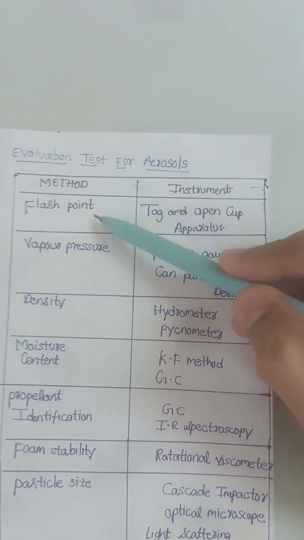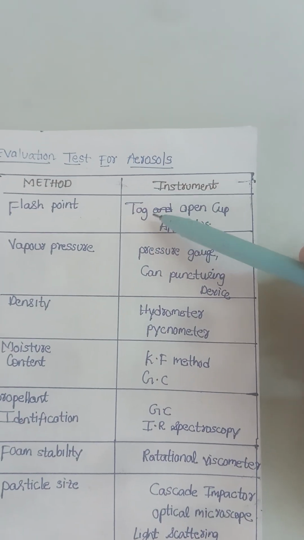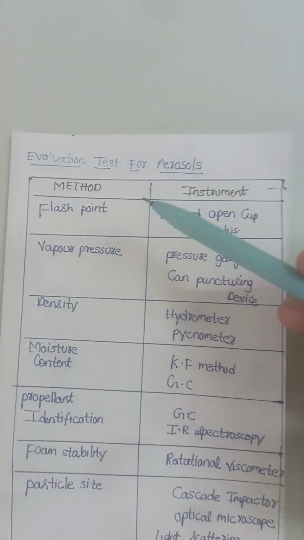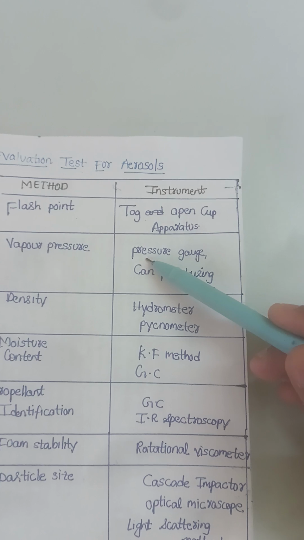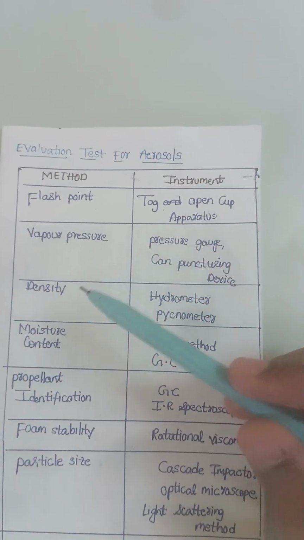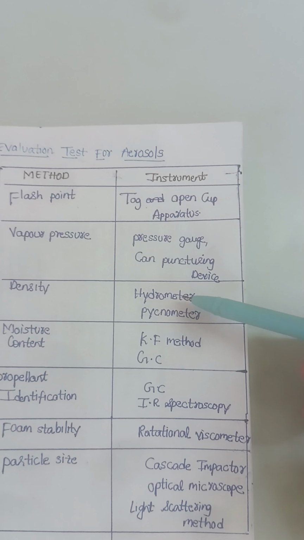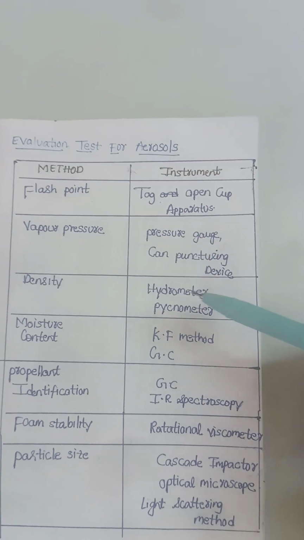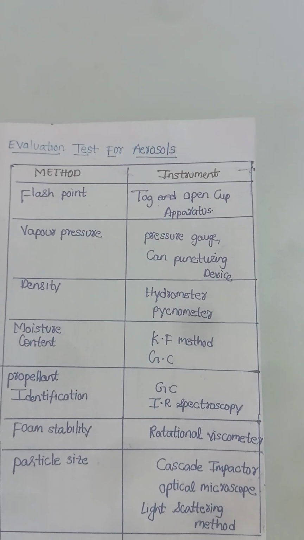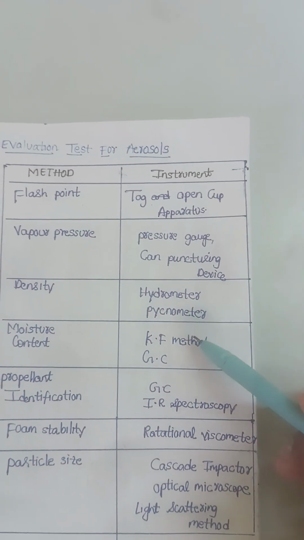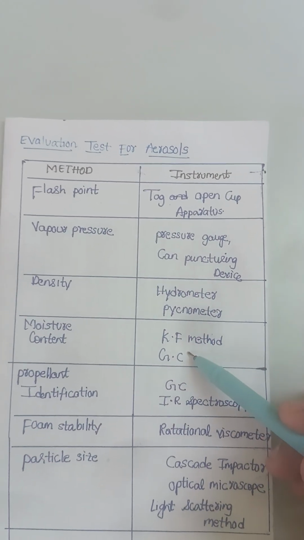For the flash point, the instrument is the tag open cup apparatus. To check the vapor pressure, we use a pressure gauge or can puncturing device. To check the density, the hydrometer or pycnometer. For moisture content, we use the Karl Fischer titration method or gas chromatography.